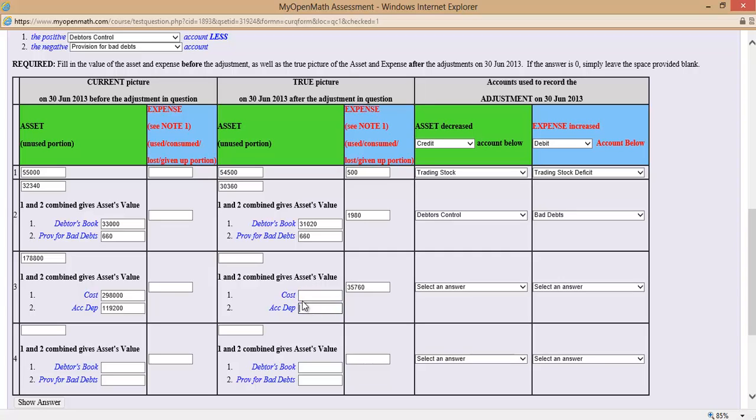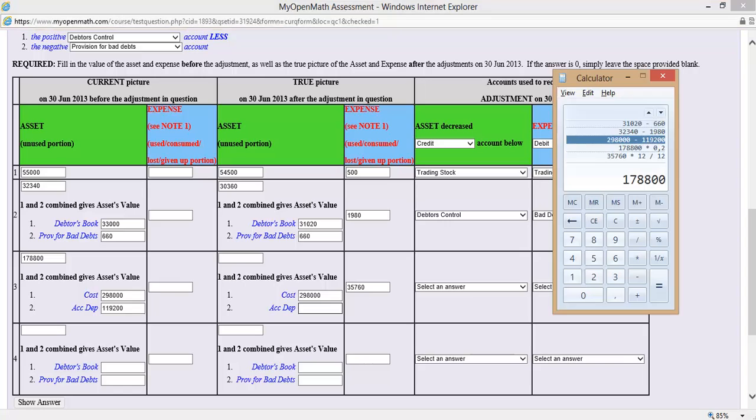Now which account are we going to use to record the decrease in the asset's value? It's going to be not the cost account but the accumulated depreciation account. So my cost is going to stay the same at 298,000 Rand, but my negative account is going to increase.